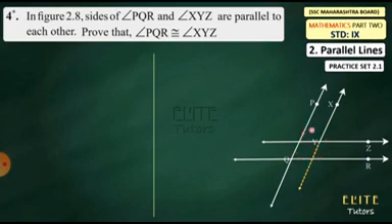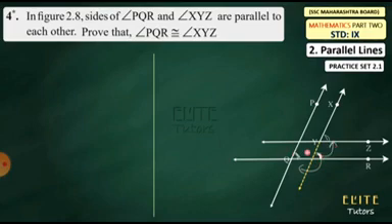Student, this question is not difficult, it is easy, but the figure is a little bit difficult. So observe the figure carefully and try to understand what I am saying. This angle and this angle are congruent by corresponding angles. This and this are also congruent by corresponding angles.